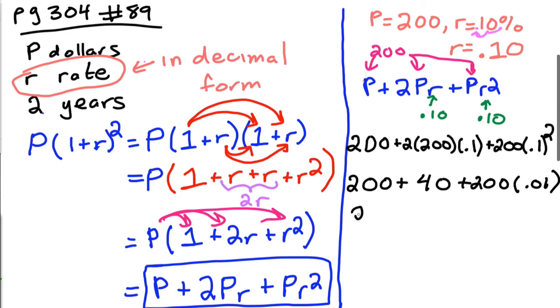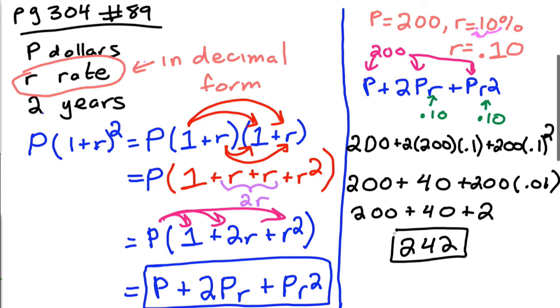So I'm going to leave this 200 alone, plus 40 plus 2, that's 200 times 0.01. And if I add those numbers, I get 242. So if I invest $200 at 10% compounded annually, at the end of 2 years, I would have $242.